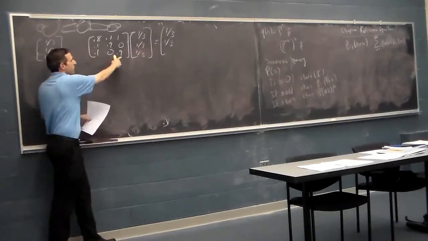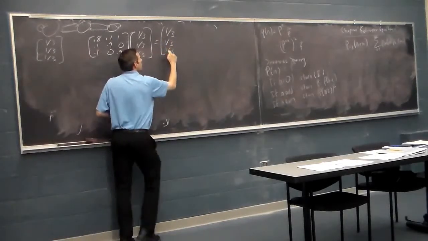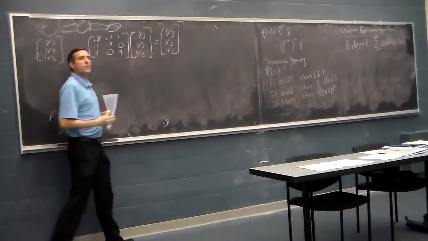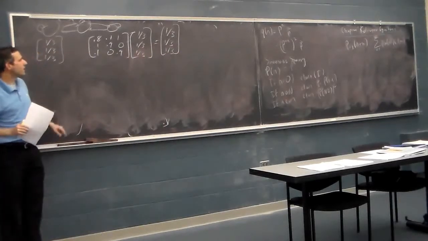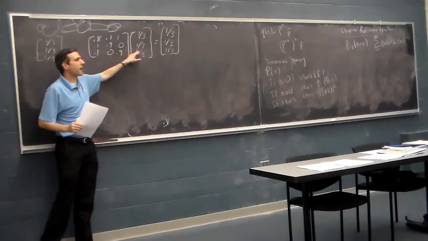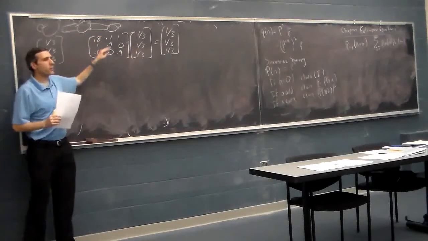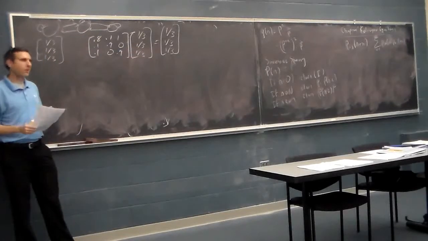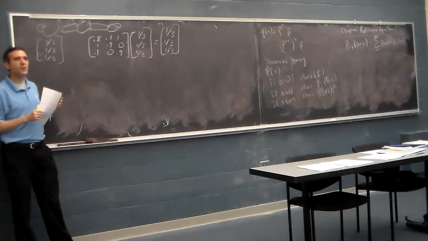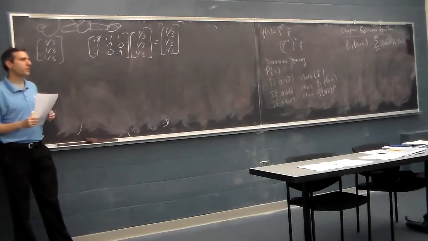And again 1/3 times 0.1 plus 0.9, which is 1/3. So we can verify pretty easily that if you get to this vector, with equal probability of all three states, then every successive application of the matrix will keep you in that probability distribution.